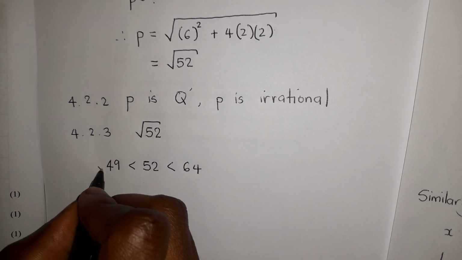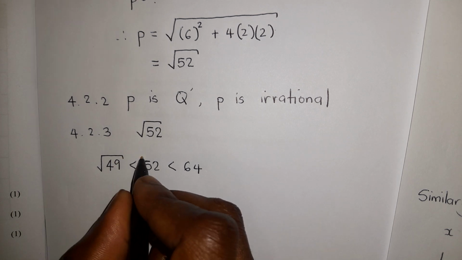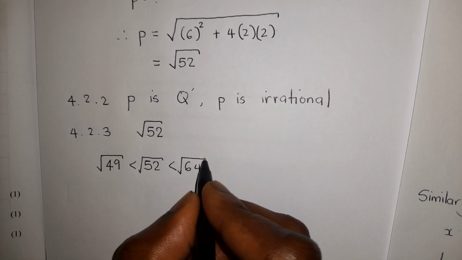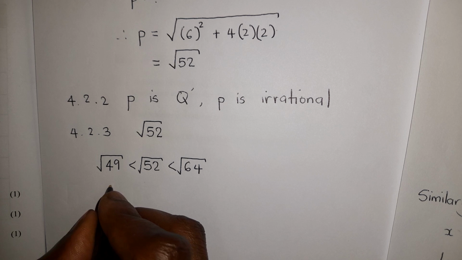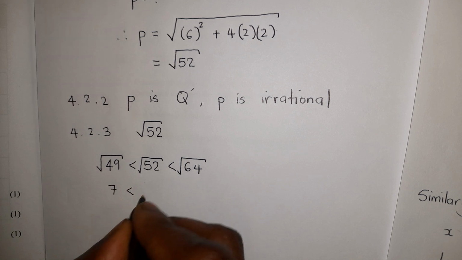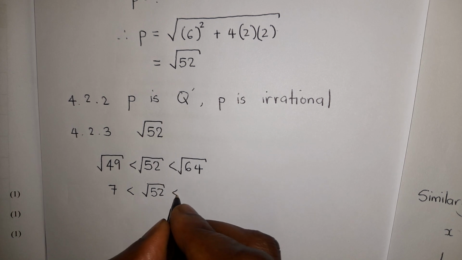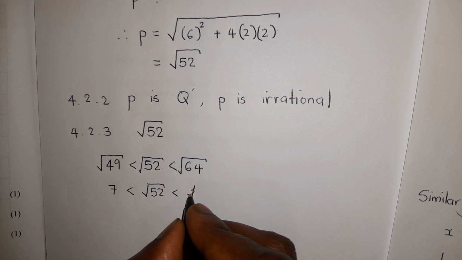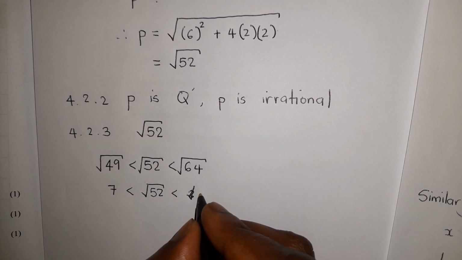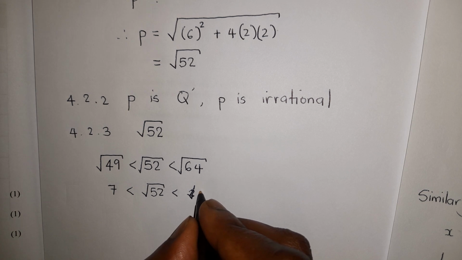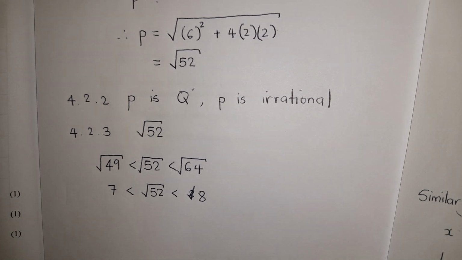Then introduction of square root throughout. I will have the square root of 49 being a 7, less than the square root of 52, less than the square root of 64 being simply an 8.